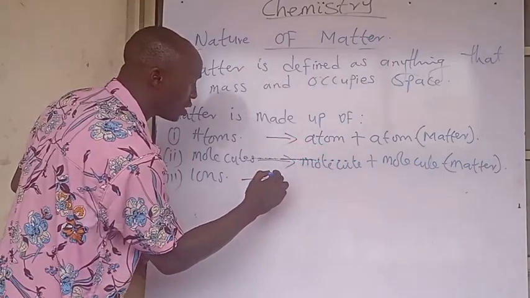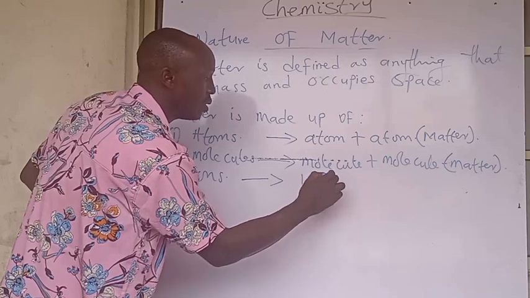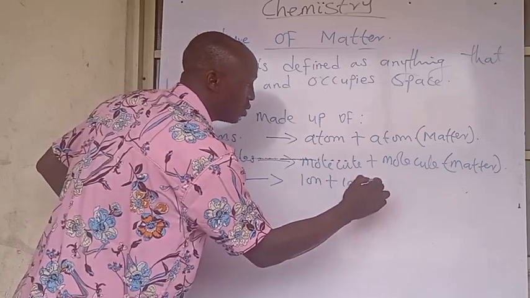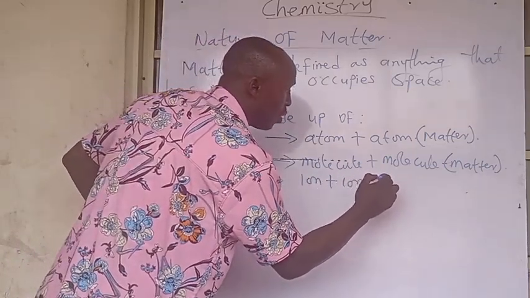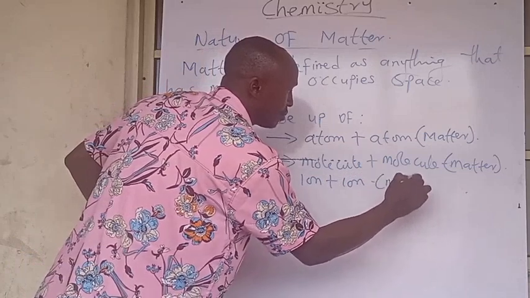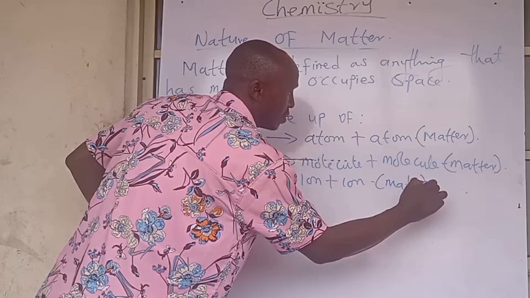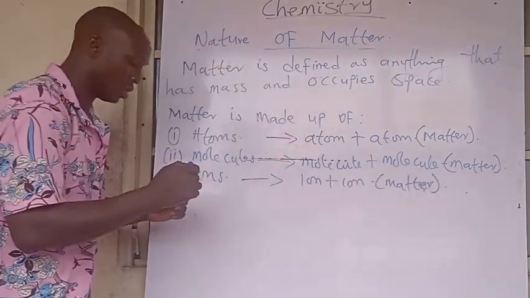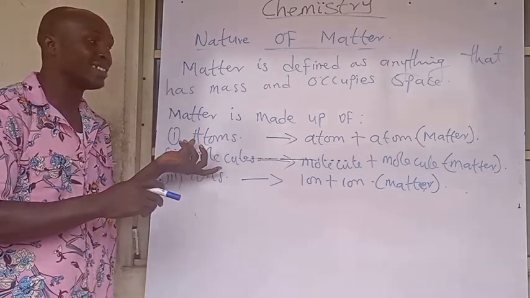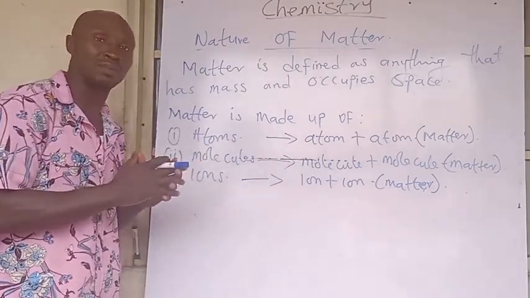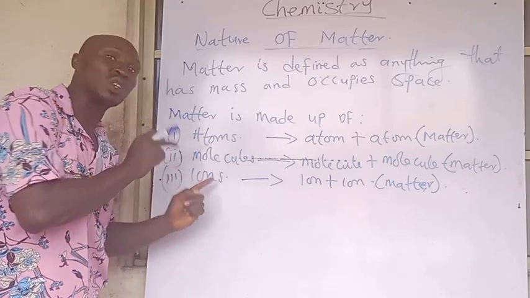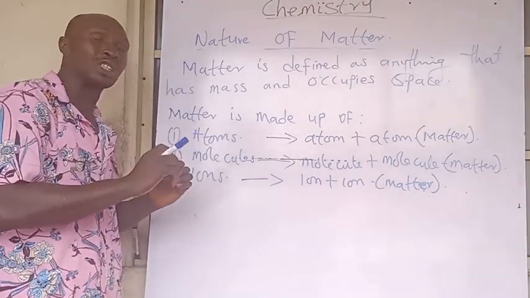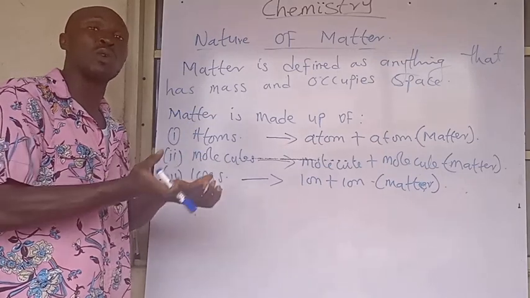Or it could be an ion plus another ion to form a particular matter. So, these are the things that make up matter. These are not the states of matter. They are what make up matter.